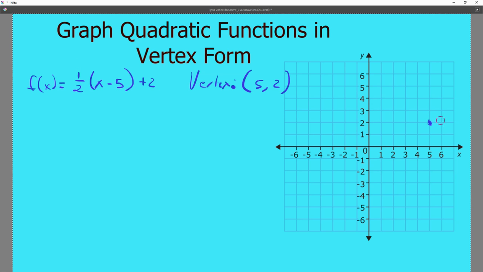Okay, so it goes up like that. Now, normally I go over 1, up 1, but this is 1/2, so I go only up 1/2. Over 1, up 1/2. Normally I go over 2, up 4, but now I go half of 4, so I go over 2, up 2. Go over 2, up 2. And there is my parabola.